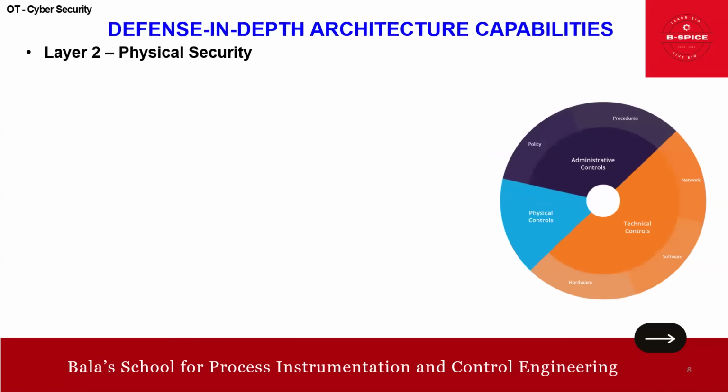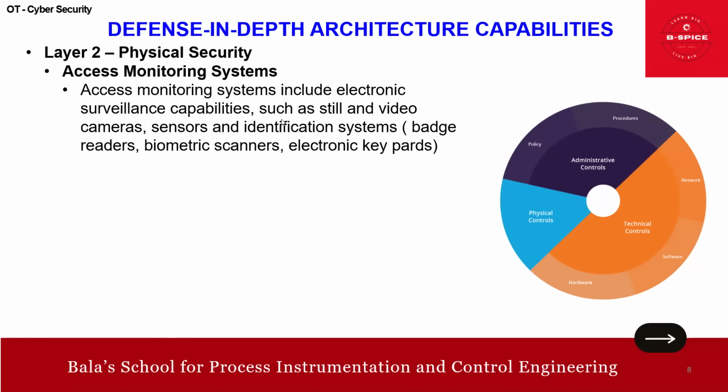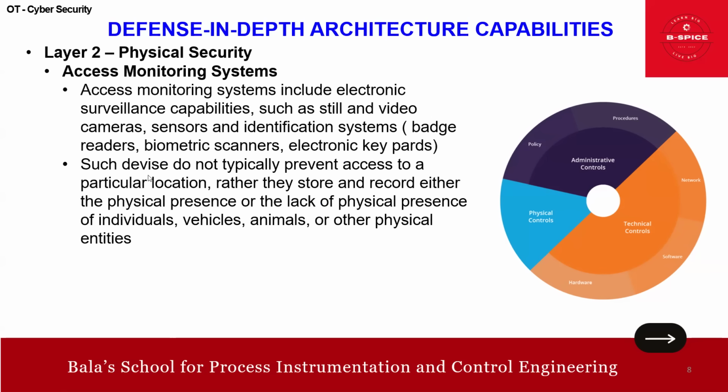Under layer two again, the third item is the access monitoring system. Access monitoring systems include electronic surveillance capabilities such as still and video cameras, sensors, and identification systems like badge readers, biometric scanners, and electronic keypads. All these we need to have under control. Such devices do not typically prevent access to a particular location.